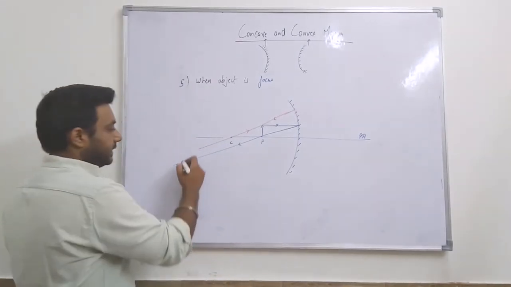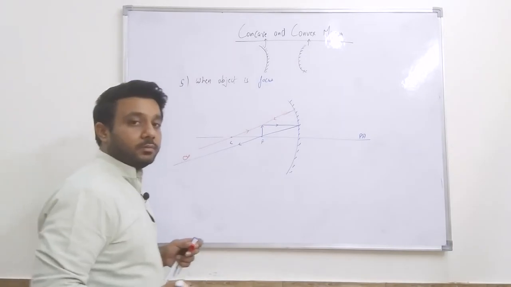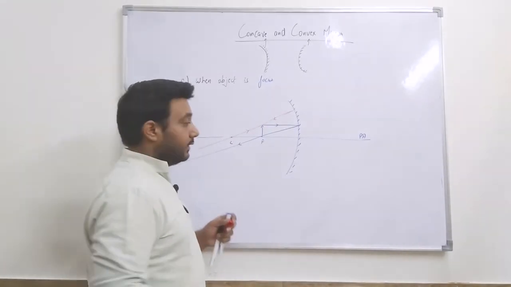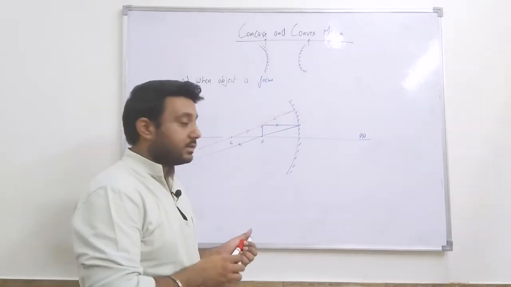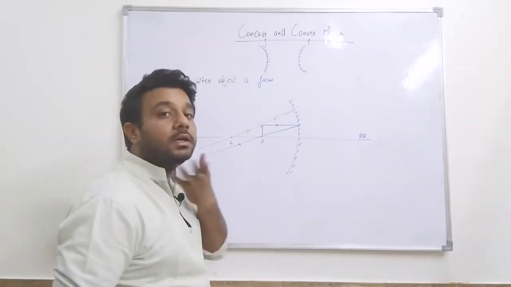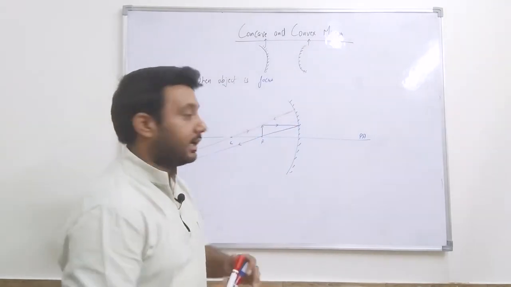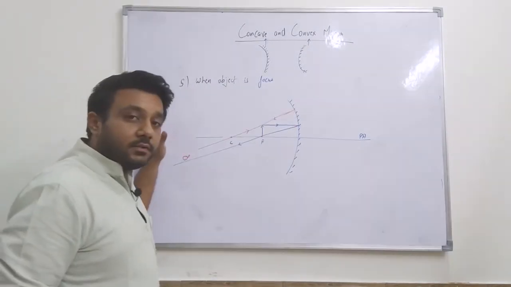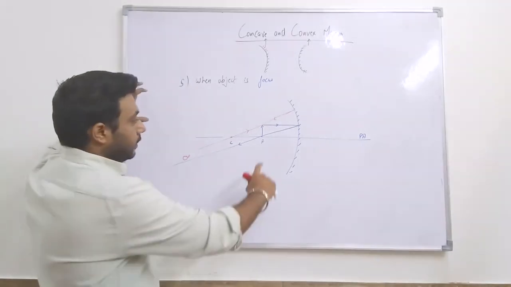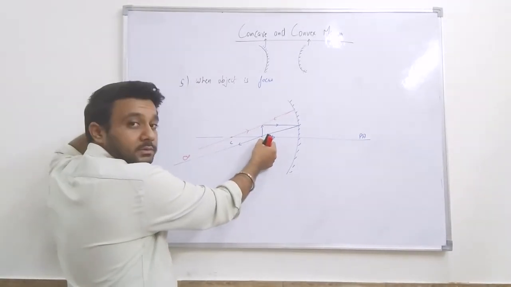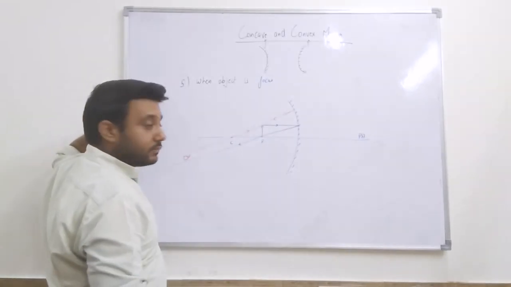Clear? Now you can easily see that the image will form at infinity. When the object is placed at focus, then the image is formed at infinity. Now let us recall all the matter. When the object was at infinity, the image was formed at focus.